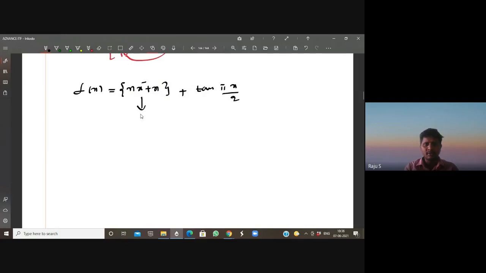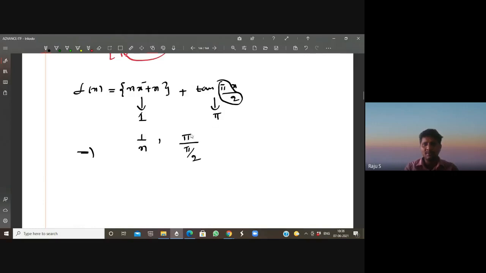The period of the fractional part is 1 by n, and the period of tan is pi. Here the x coefficient is pi by 2.